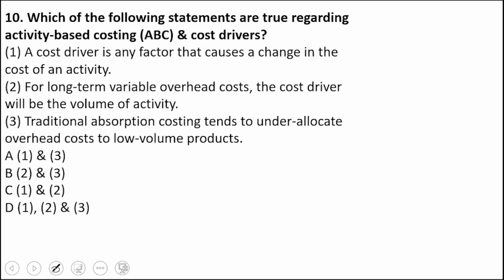Which of the following statements are true regarding activity-based costing and cost drivers? A cost driver is any factor that causes a change in the cost of an activity. Well, that's the exact definition of a cost driver, so that is a true statement. For long-term variable overhead cost, the cost driver will be the volume of activity.